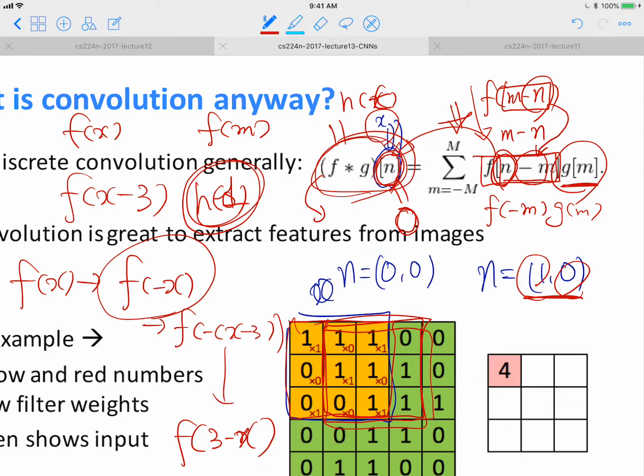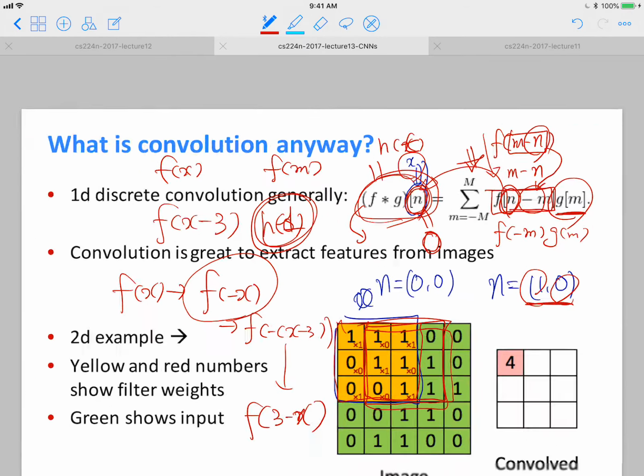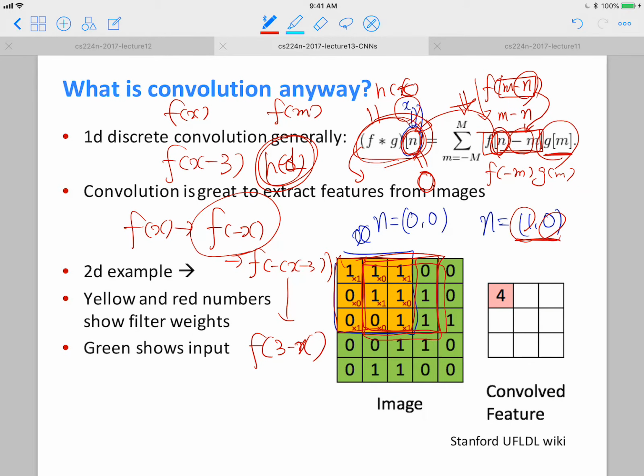And h of 2 can also be obtained in the same way. This kind of convolution can be viewed as having the input image already be a flipped version, and then we move it one by one, right? And that way we obtain this multi-dimensional vector, or this two-dimensional matrix in the case of our signal being a two-dimensional array.